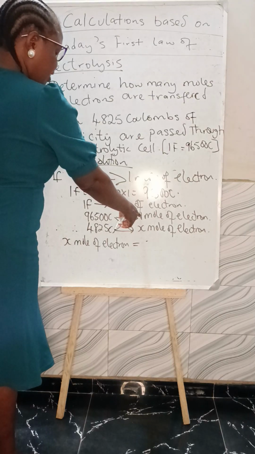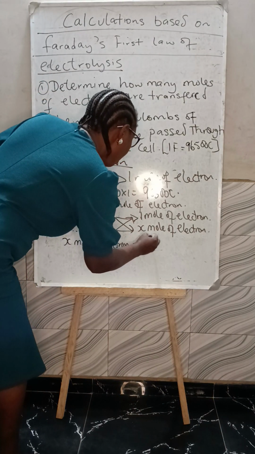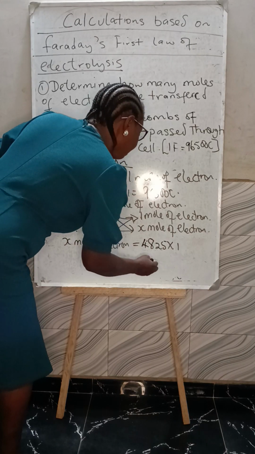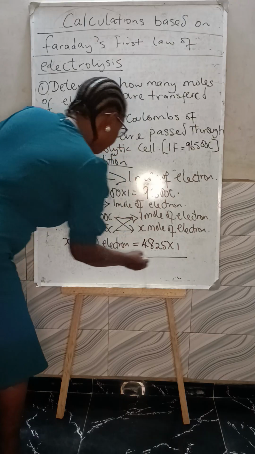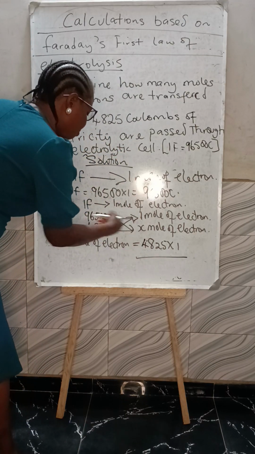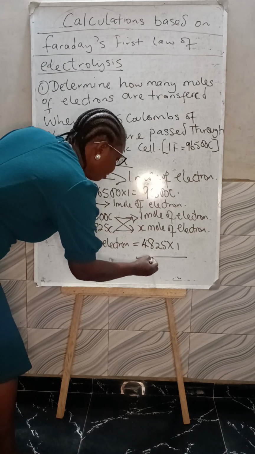That is cross multiplication: 4825 times 1 mole of electron, divided by 96500, the 1 Faraday.